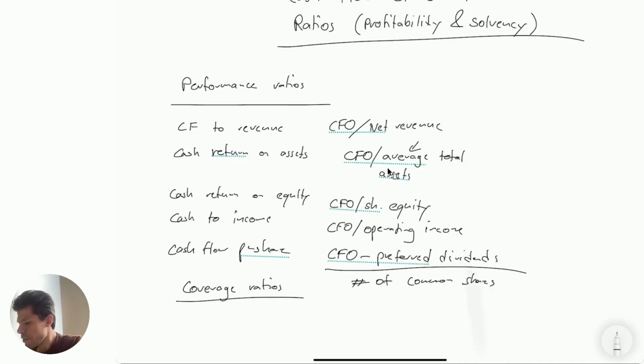Here you need to deduct preferred dividends because you want to put in relation what cash has been generated per each common share. If you would take the CFO number only, it would be overestimated because this number is not generated for each number of common shares, because it also includes what is available for preferred shareholders. So you need to deduct this part to basically have a direct relation to common shares.